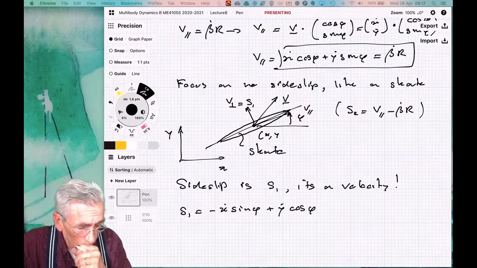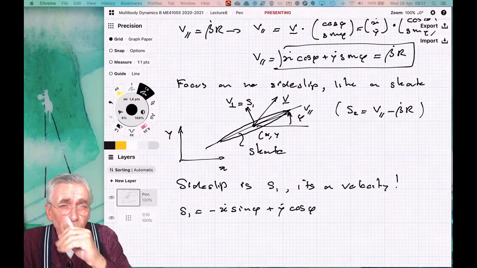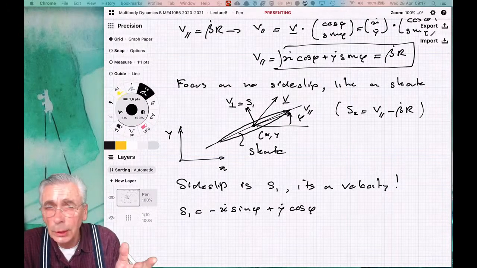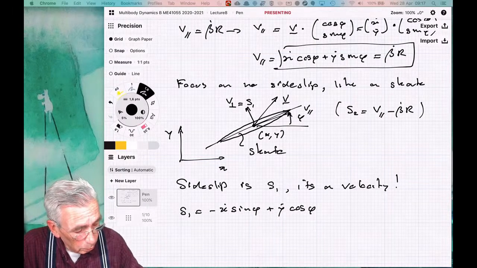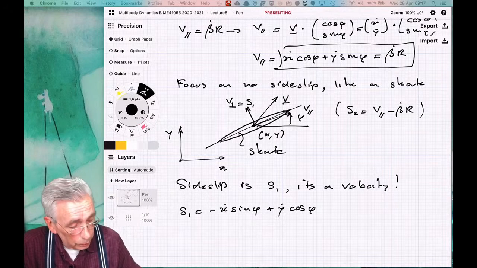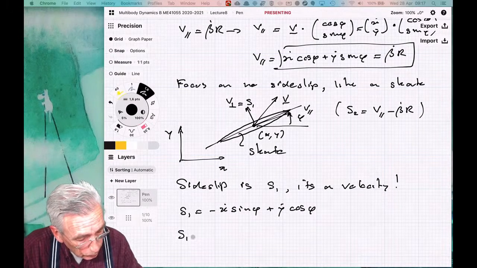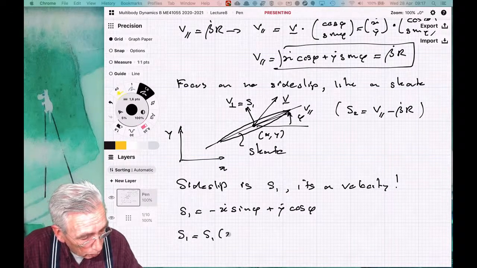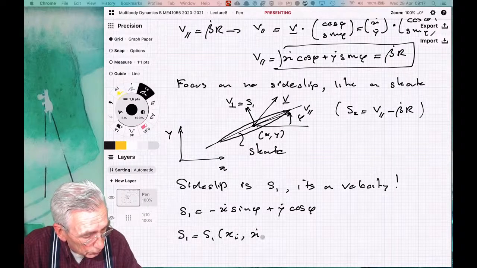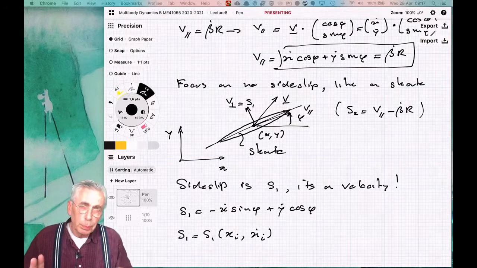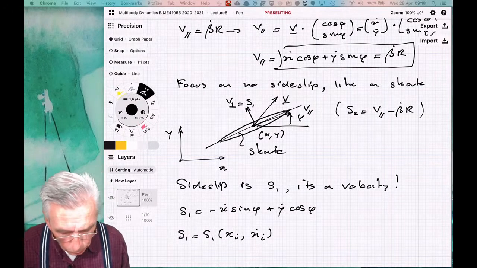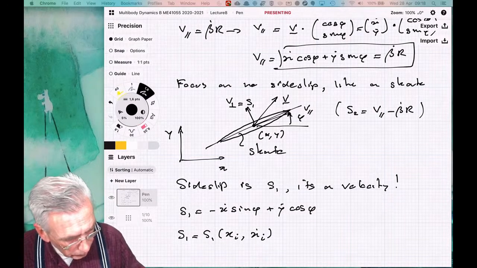It's a constraint in which we see the coordinates. We see not all coordinates here. We see phi, but some coordinates, and we see velocities. So you could say, in general, this S1 is a function of the coordinates and of the speeds. But it's more specific than this general case because it is linear in the speeds.